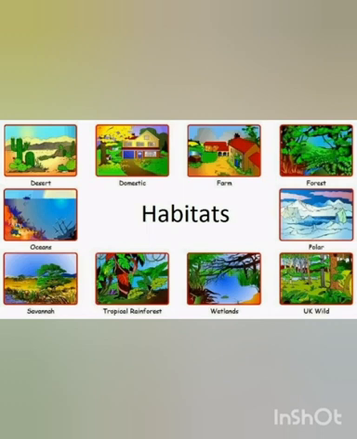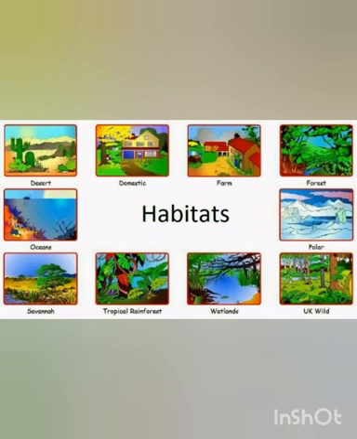Where do sharks live? Shark lives in ocean. So, the places or area where an animal lives naturally is called its habitat. Why do we call it naturally? That means the animals should themselves live in that area and not by force.